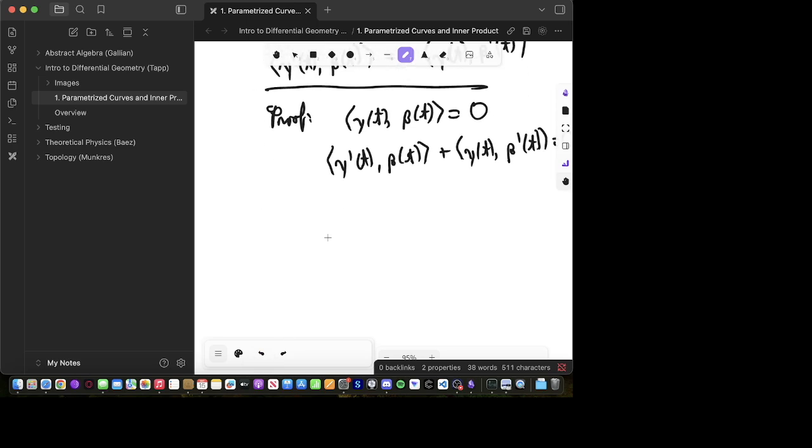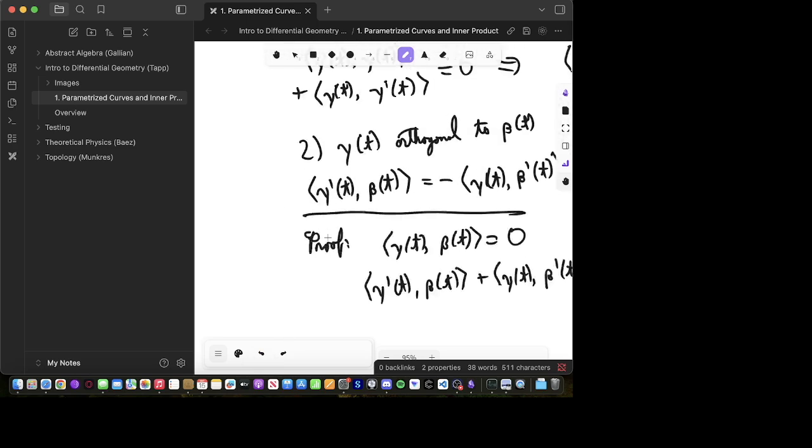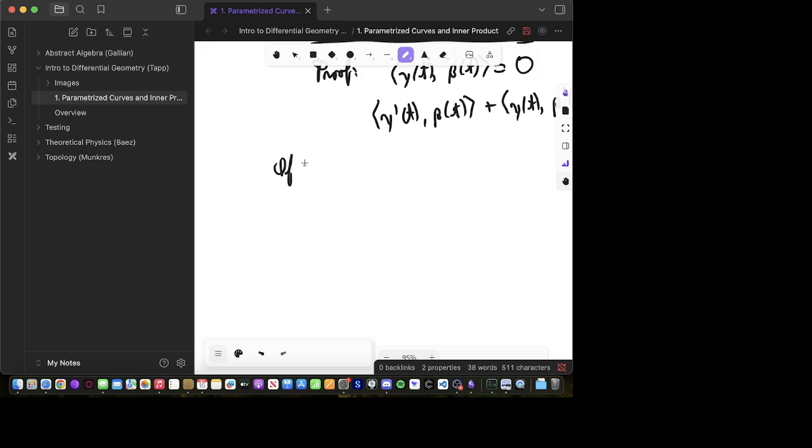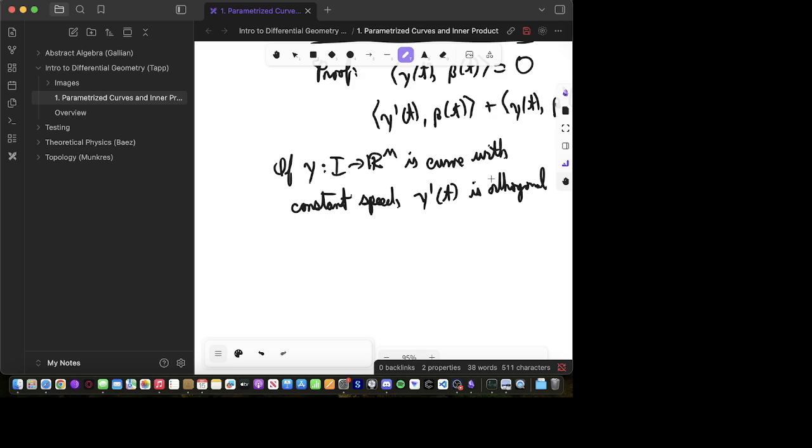And furthermore, one consequence of proposition 1 here is that if gamma from I to R^n is a curve with constant speed, then the derivative is orthogonal to the second derivative for all t in I. A quick note, we can simplify the phrase for all into this symbol.